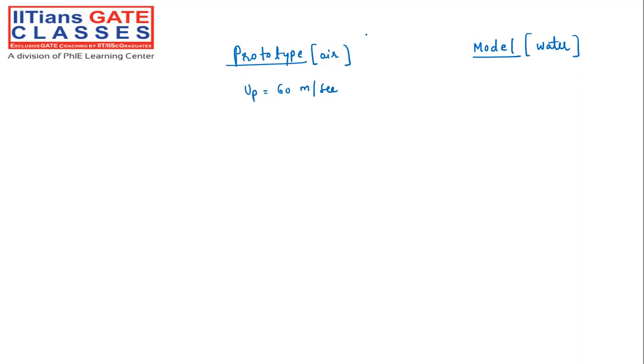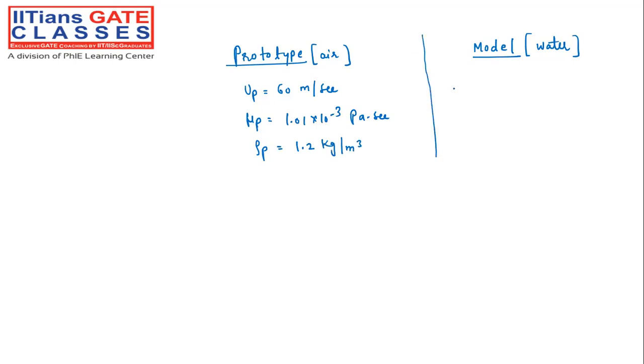Another property: mu of P is given as 1.01 into 10 power minus 3 Pascal second. The density of the air is given as 1.2 kilogram per meter cube.